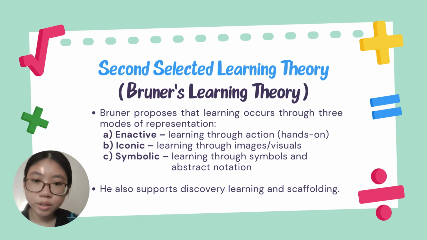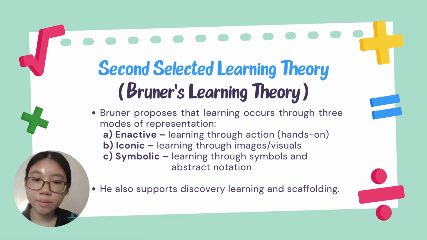The second learning theory is Bruner's learning theory. Jerome Bruner proposed that learning happens through three modes of representation. First is the enactive, which is learning through action and manipulation. Second is iconic, learning through visual images.